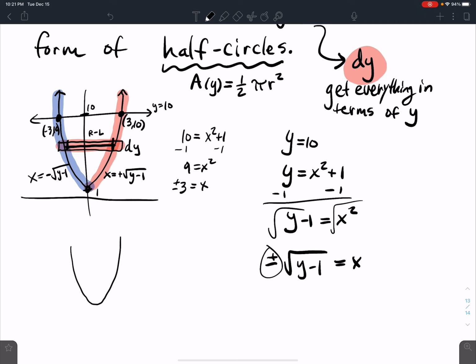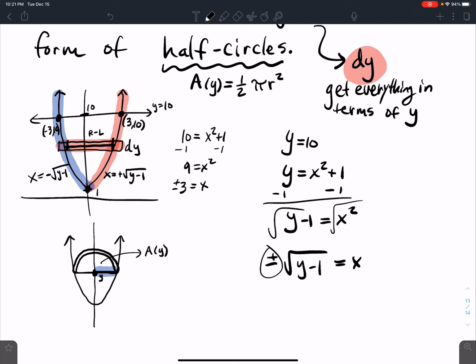Let's imagine we're trying to find the area of just one half circle. How do I do it? For some arbitrary y value, how do I find that distance? Remember, it's just the radius squared. So it's this short little distance right here.